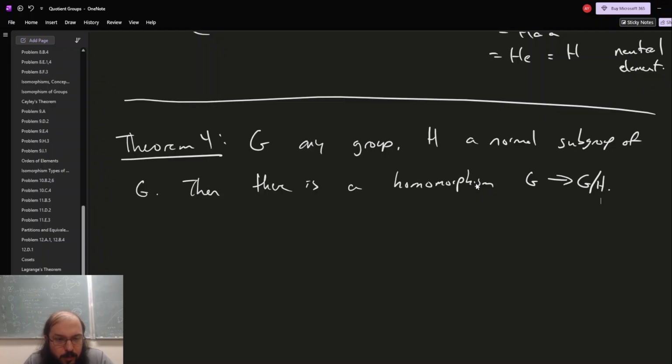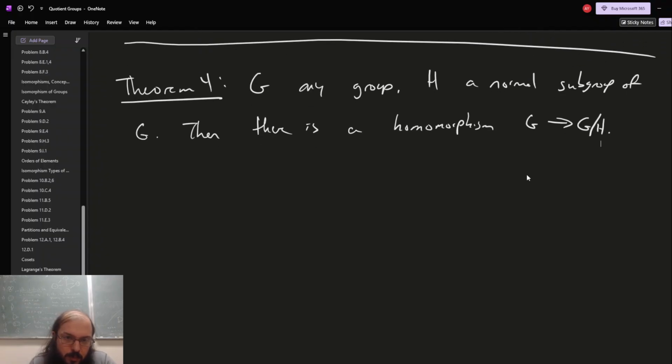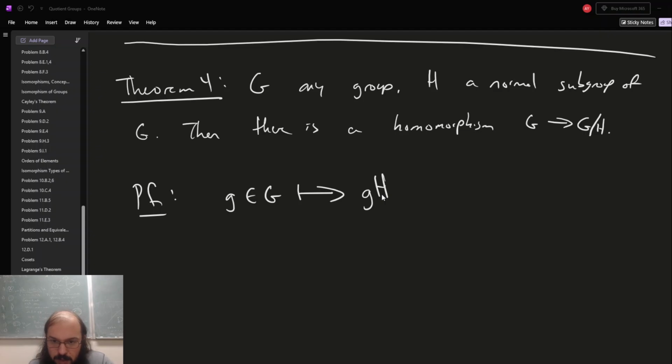But there was a problem, which was the exact same problem that we ran into previously with cosets and functions not being well defined. However, since I'm now assuming that we have a normal subgroup, now this idea will work. So we take some g in G and we send it to gH. Sorry, we're using right cosets in Pinter. So we send that to Hg.